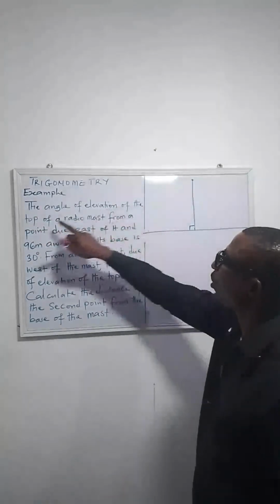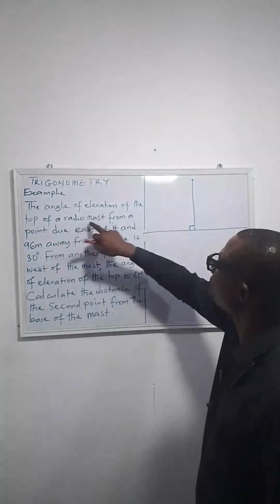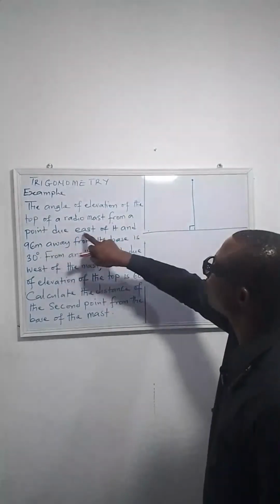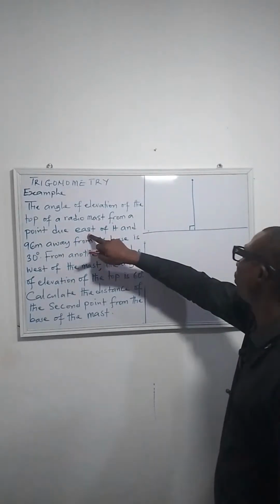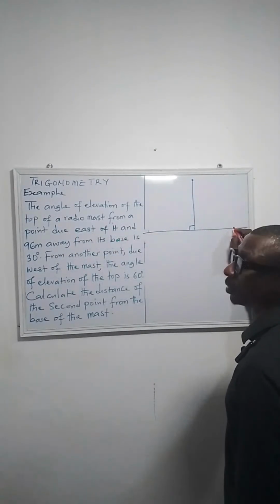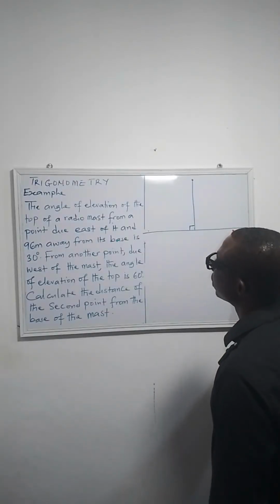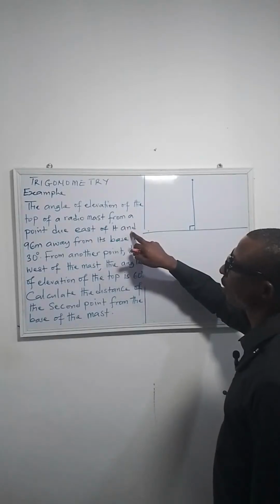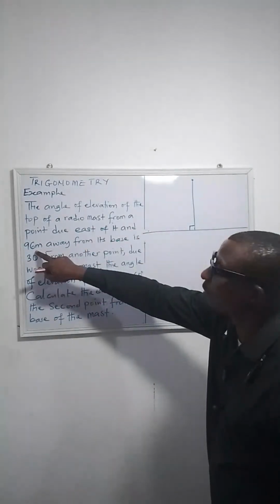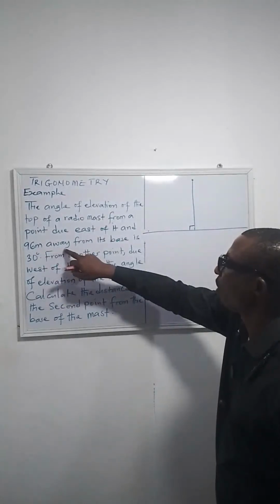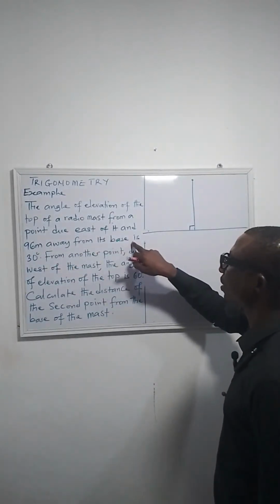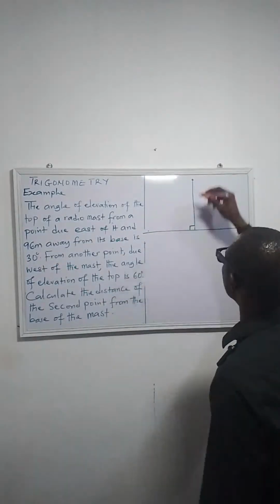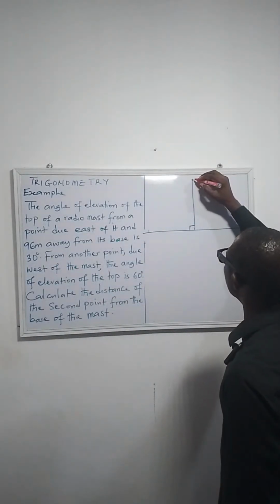The angle of elevation of the top of a radio mast from a point due east. Due east. This is the east. Due east of it, and 96 meters away from its base is 30 degrees. So we have this. It's going to look like this.